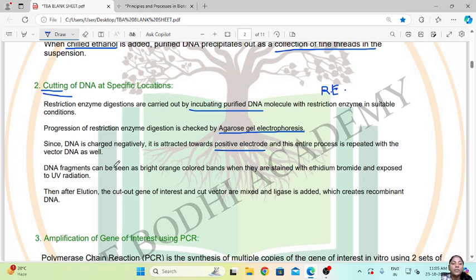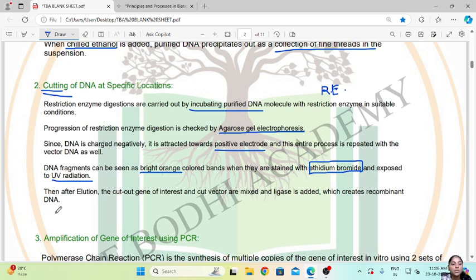The DNA fragments after gel electrophoresis can be seen as bright orange colored bands when they are stained with the ethidium bromide stain and exposed to the UV light. About this we have already learned in the previous videos.